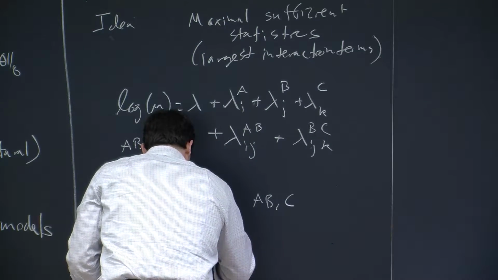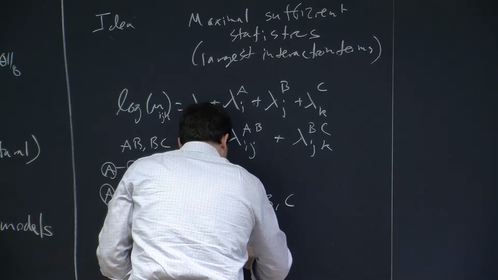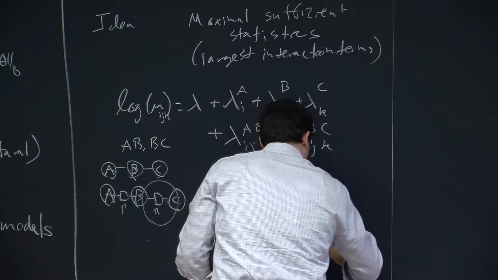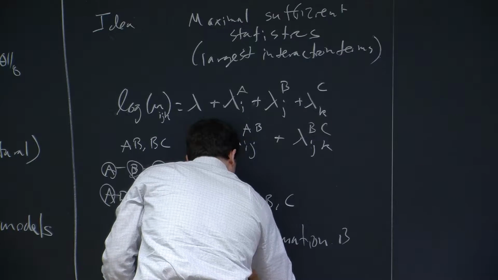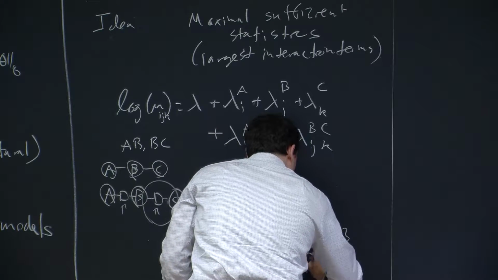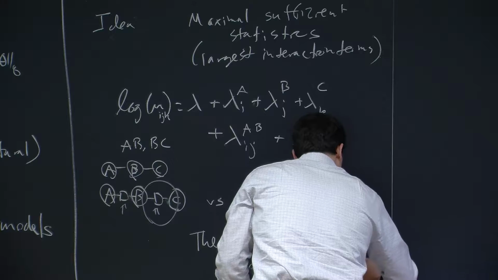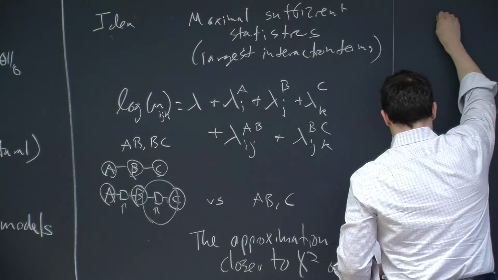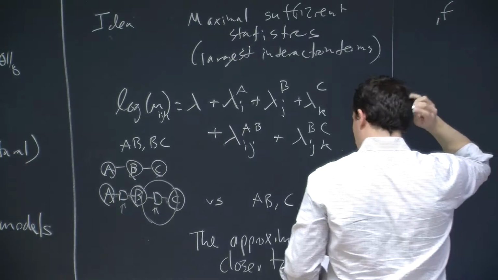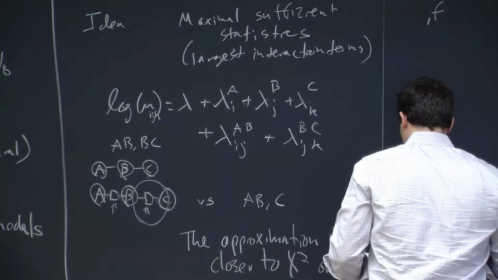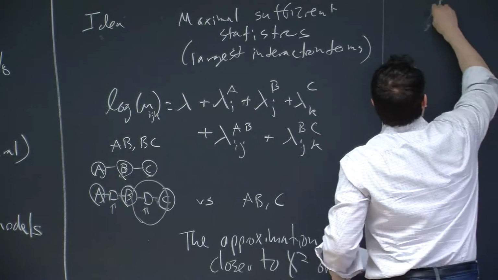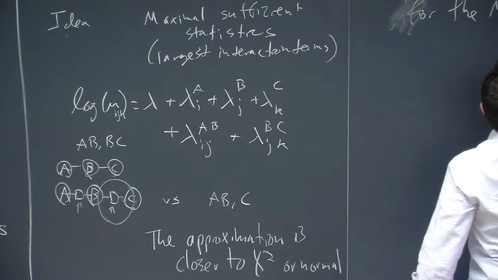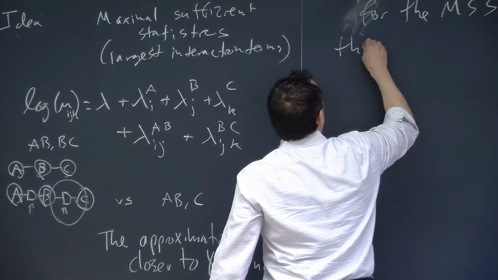So let's say the approximation is closer to chi-squared or normal if the individual cell counts, or let's say for these sufficient statistics, then for the individual cell counts.